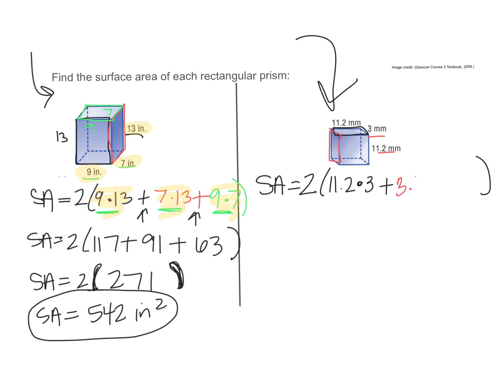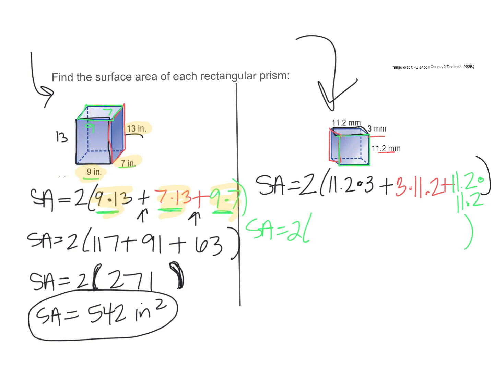And then if you can guess what the last one is going to be, that one is going to be the front right here, which is 11 and 2/10 times 11 and 2/10. Ran out of room, sorry. Okay, now let's do those all in our calculator and get those down.